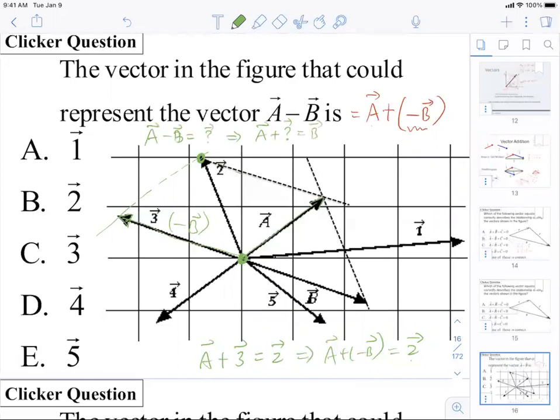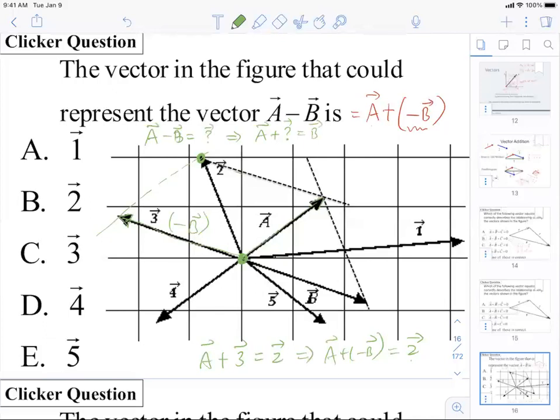You can look at all these vectors and you realize actually A plus 2 gives me B. Again, you can do head to tail or you can do parallelogram in this case.